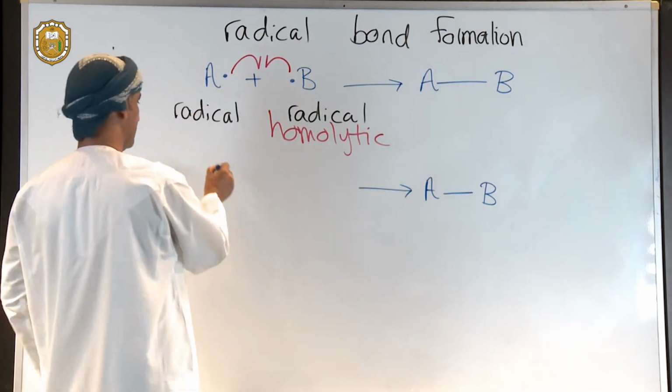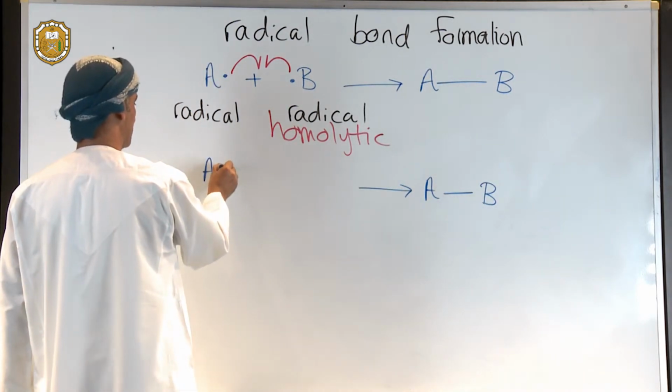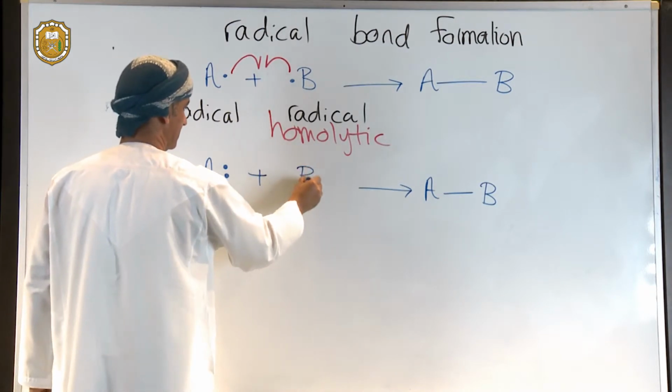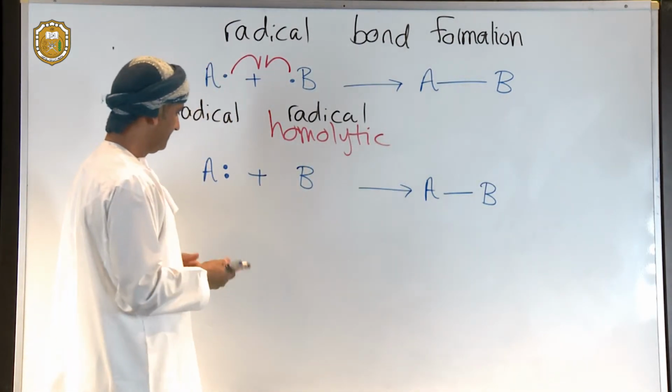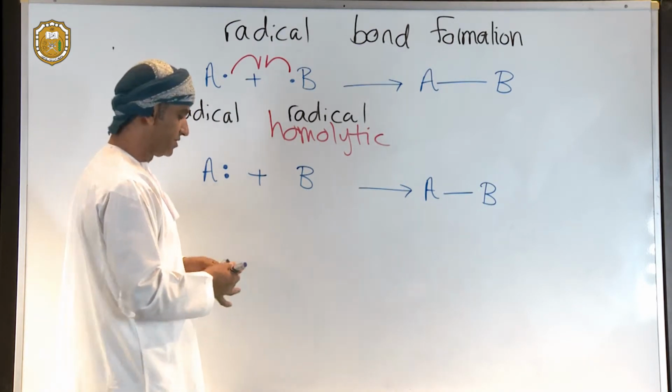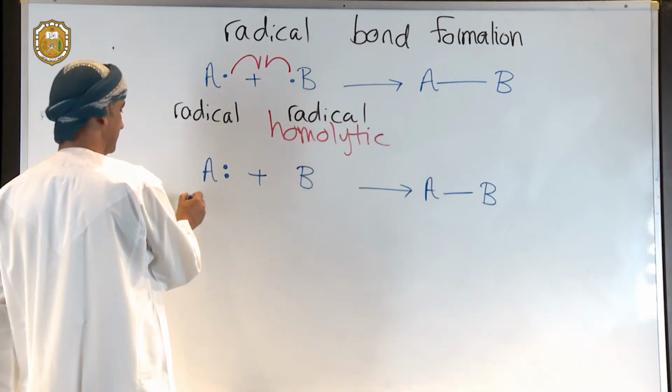So we can envision A with two electrons, which reacts then with B. So the A has the electrons. Okay, so this is the electron source, electron-rich site, if you like.